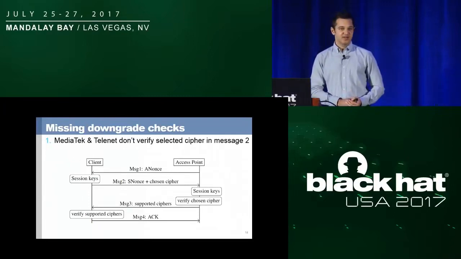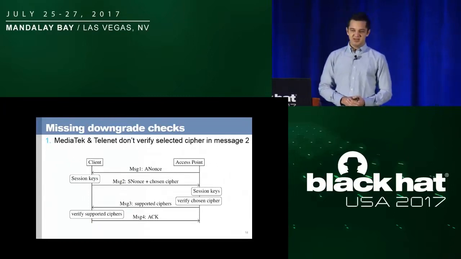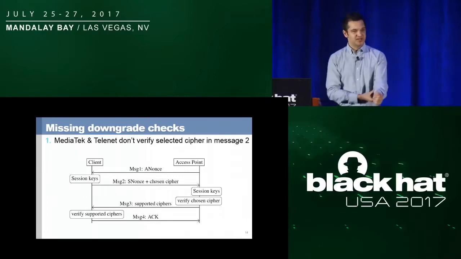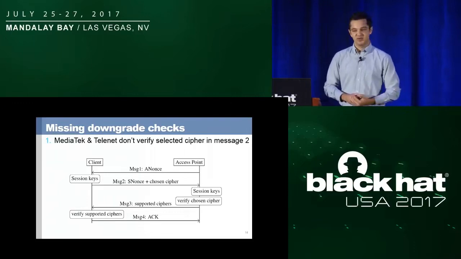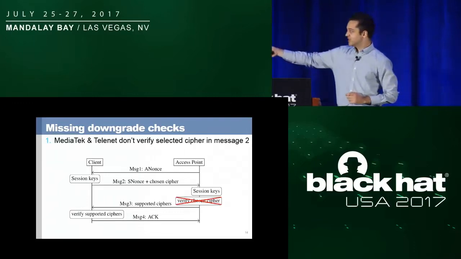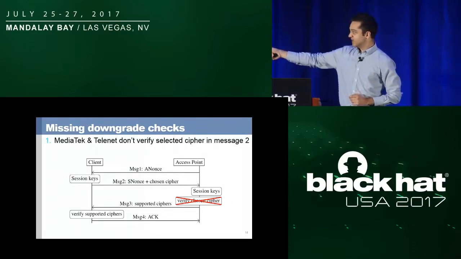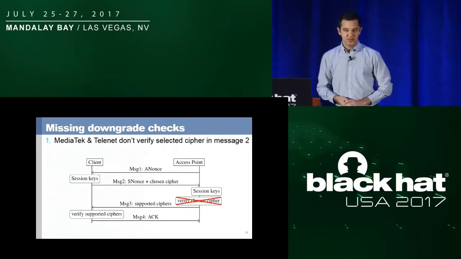The first one is that the MediaTek and Telenet implementations don't properly defend against downgrade attacks. So what is Telenet here? Telenet is a Belgian ISP, and they hand out their own home routers with an implementation of the Wi-Fi access point. Here we found that they do not check the chosen cipher that the client sends in message 2.